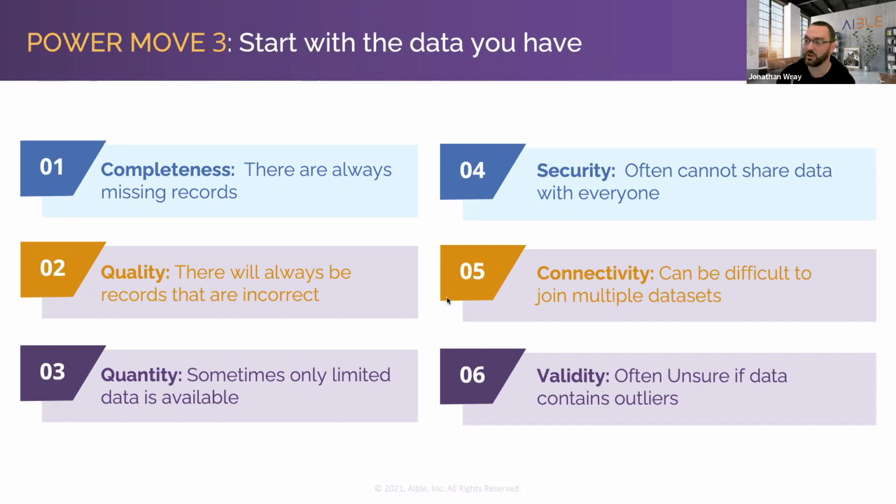Next piece is security. Oftentimes, you can't share the data externally, or you can't even share that data set internally with your team because it is sensitive data. One of the great things about our technology is that we allow you to keep the data set in your cloud infrastructure. We bring the code to the data instead of the data to the code.